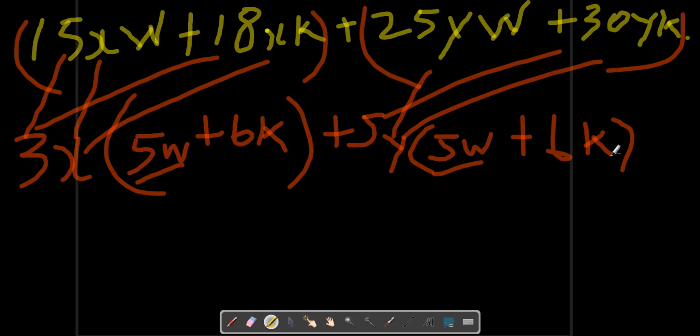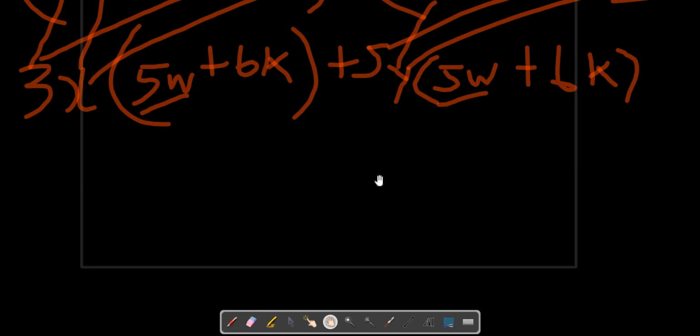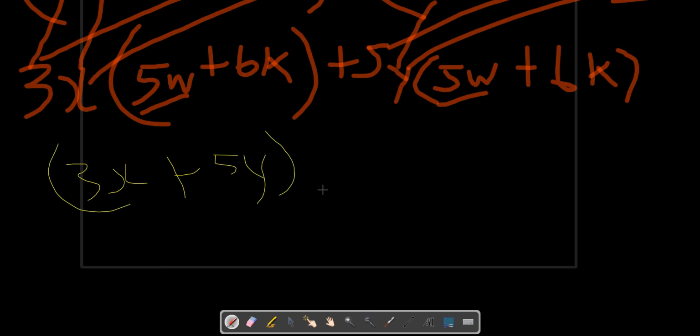And when you take a look, you see that what is in one bracket is in the other bracket. So we'll just group what is outside of the brackets and keep any one of the identical brackets. We have 3x plus 5y in one bracket times 5w plus 6k.